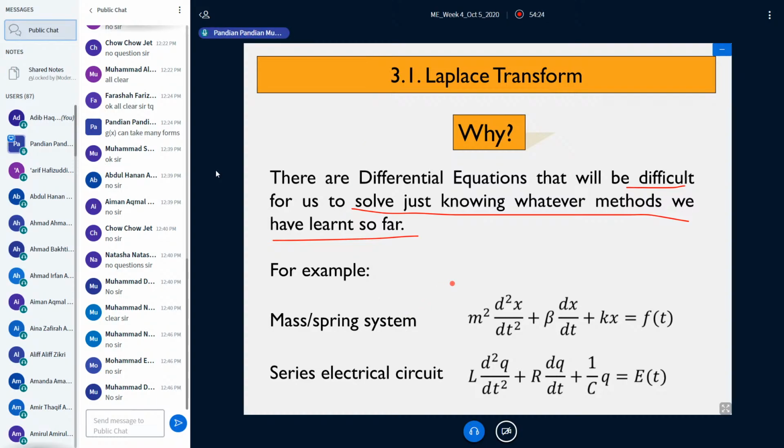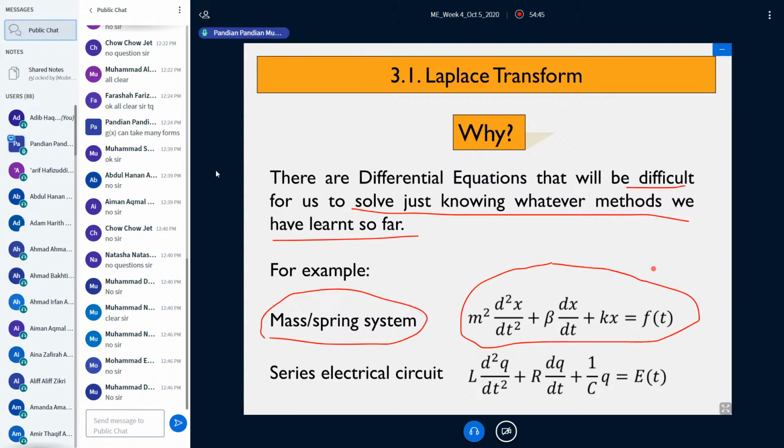Many engineers will wonder where these methods can be applied. What are the applications? One of them is the mass spring system, a very famous problem in mechanical engineering. This is a second order linear constant coefficient non-homogeneous differential equation, because there is F(t).